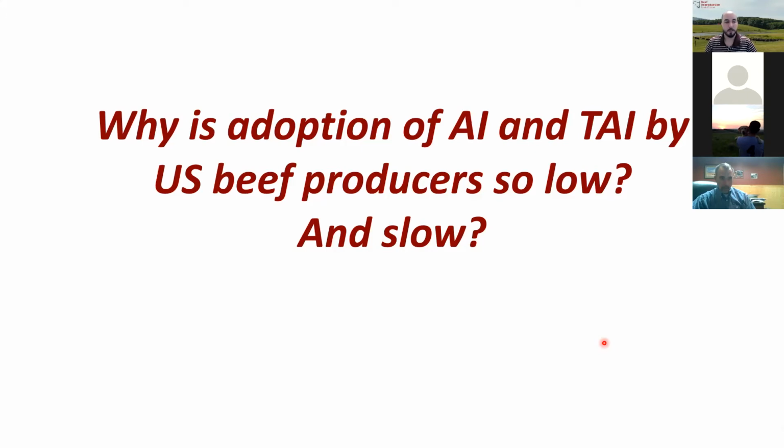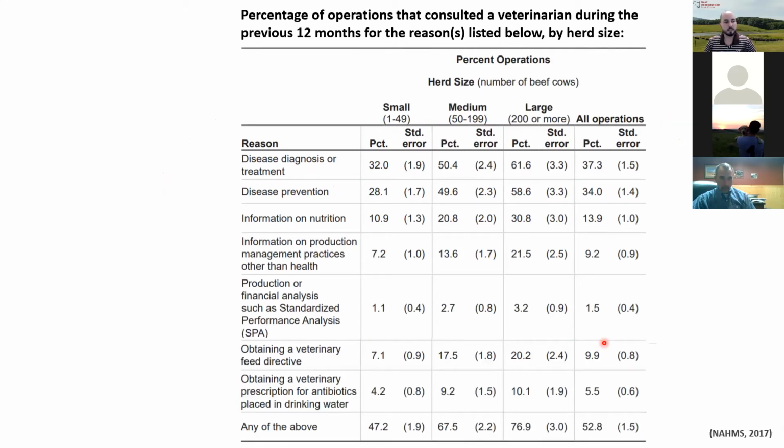Another really insightful thing that came out of the survey from the USDA is this table, which is the percentage of operations that consulted a veterinarian during the past year for the reasons listed below, right? So the number one reason here is disease diagnosis or treatment, which makes sense. It's no surprise there.